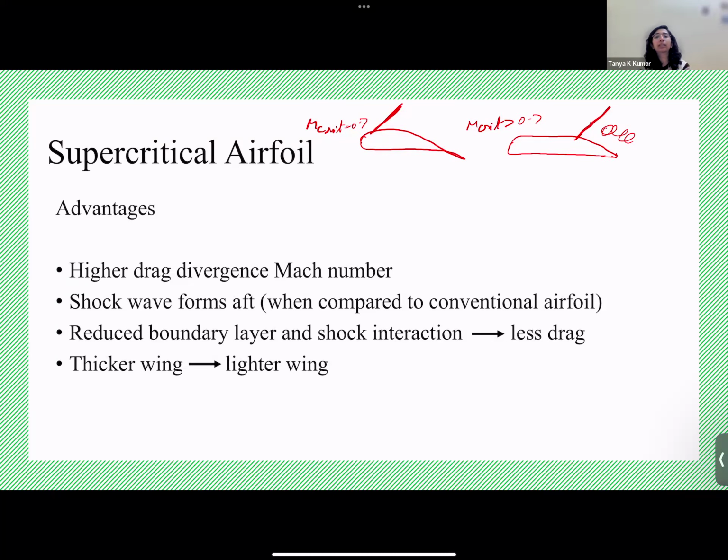Why does a thicker wing mean a lighter wing? Usually, if you just think about it, if it's a bigger structure, shouldn't it be heavier? Why does a thicker wing imply a lighter wing?